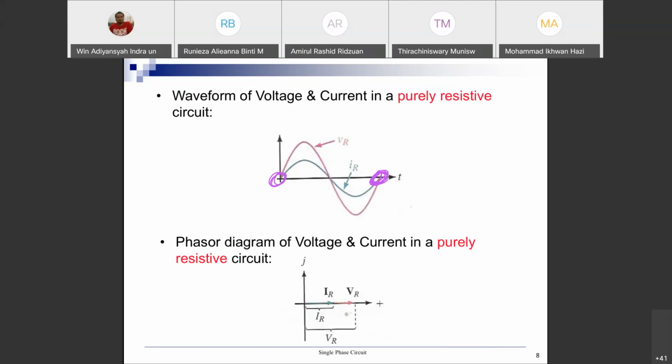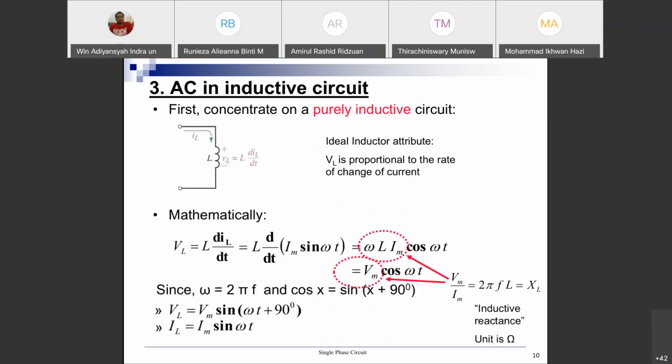That means in phase, no phase difference. Although they have different amplitude, it doesn't matter. You only look at the phase. That's what I mean by in phase.